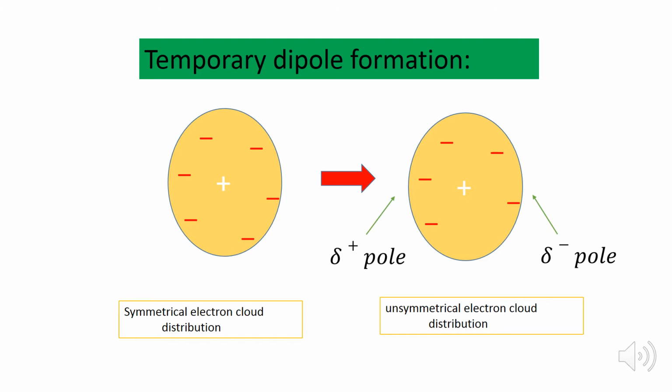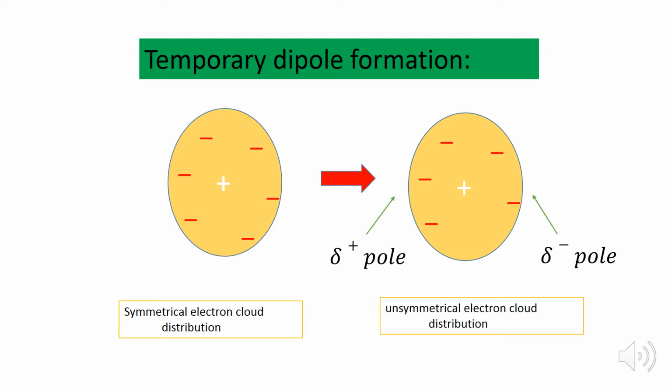Friends, let's discuss the formation of the London dispersion forces in case of the non-polar molecules. Remember that in case of the London dispersion forces, the temporary dipole formation takes place. So how do these temporary dipoles form? Look here, we have an atom. Here in an atom, there is a symmetrical electron cloud distribution.